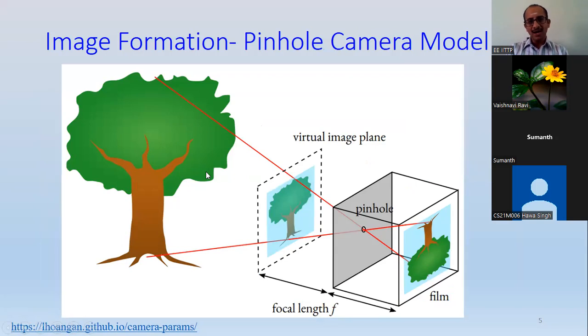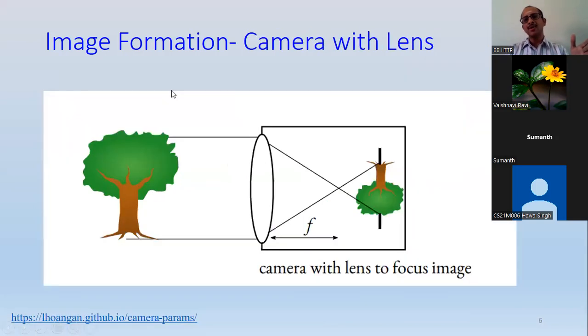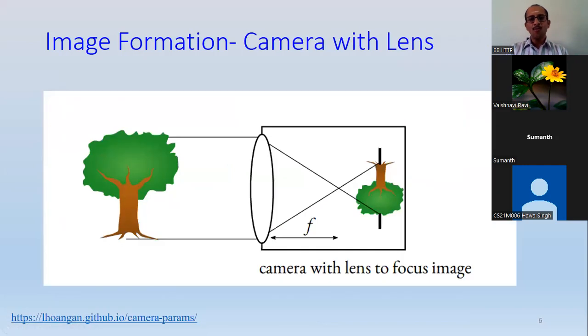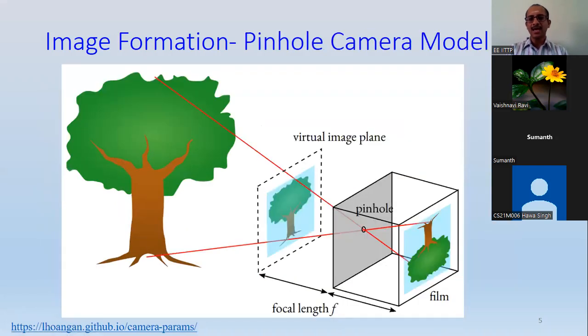So when we do that, what happens? Essentially the camera can be modeled in 2 ways. One is with lens and the other is without lens. When we model with lens, we assume that the lens gathers the information in a better way, and then assimilates the information and puts it at the image plane. Whereas the other simple model of the image formation is with a pinhole camera.